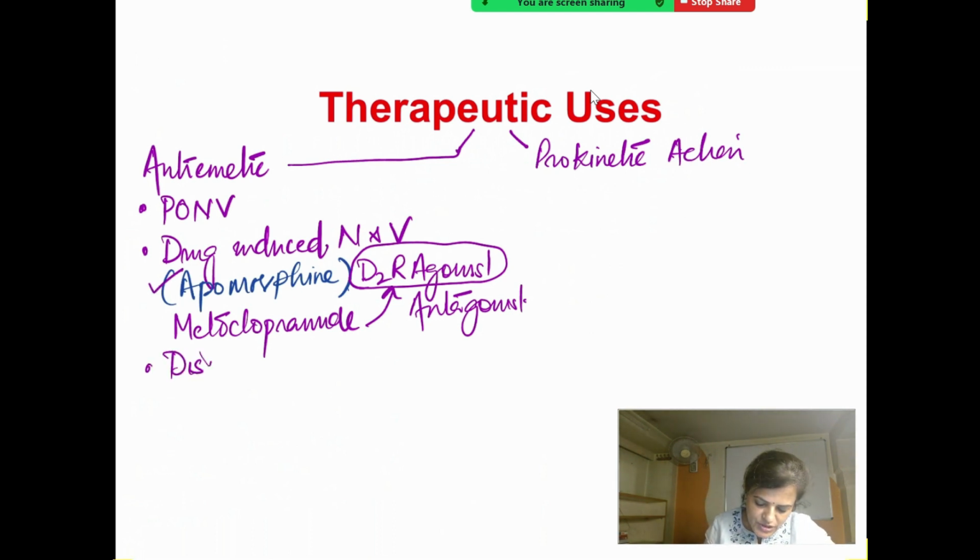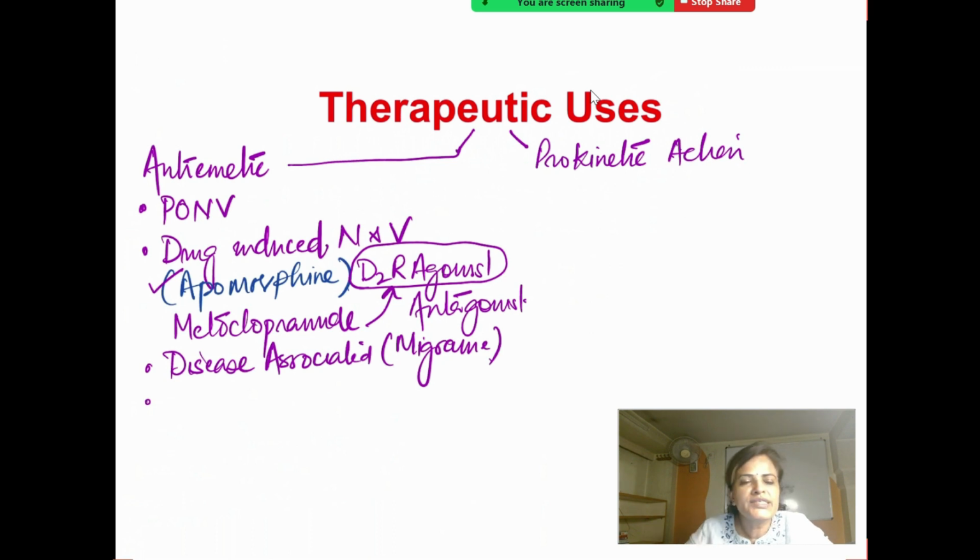Then disease-associated nausea and vomiting, especially migraine. Then chemotherapy-induced nausea and vomiting, but nowadays we prefer 5-HT3 antagonists for the early vomiting, whereas for the delayed vomiting we prefer neurokinin receptor antagonists.